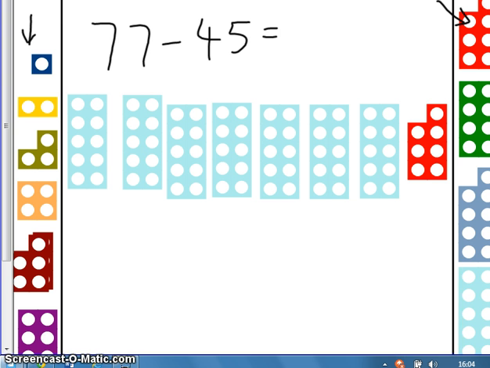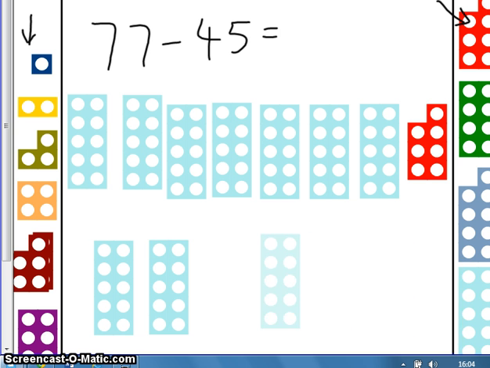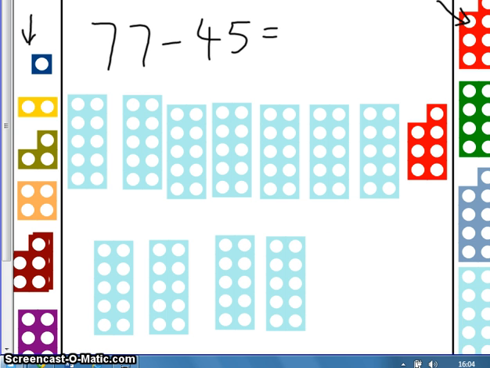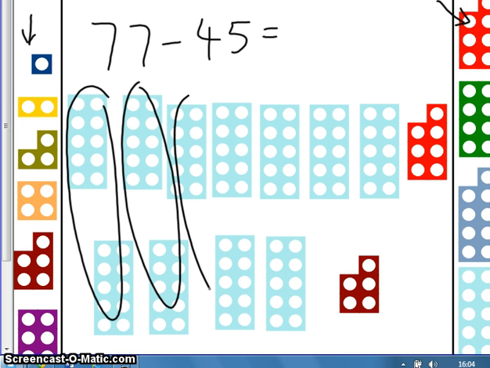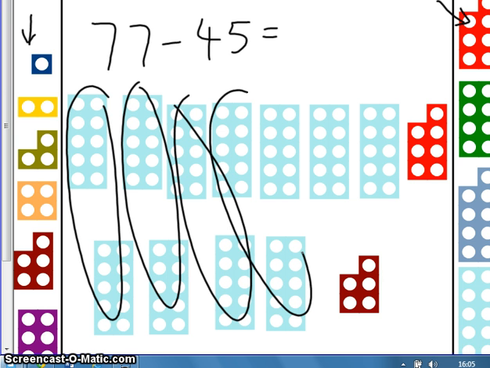Take away 45: 10, 20, 30, 40, and my 5 again. There we go, 45. Now I can see perhaps more clearly for the learner, these tens are knocked out, these ones are knocked out. There's 1, 2, 3 tens left over. And my units here, I can take my 5.